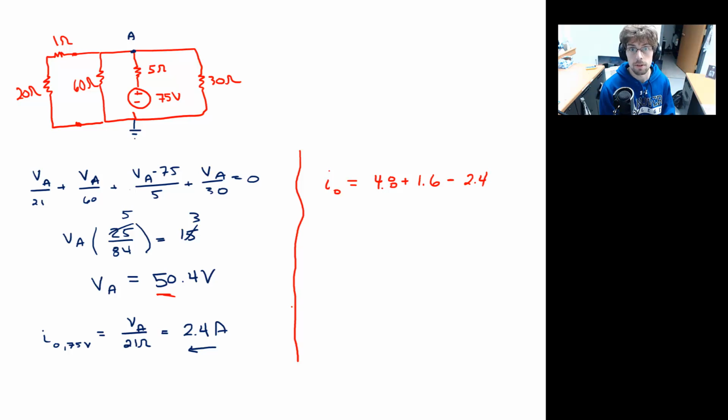And that's coming from the 75 volt supply. So what do we have at the end of the day? Well, let's see, 2.4 plus 1.6. So I get something like 4 amps as our total for I naught. Cool.